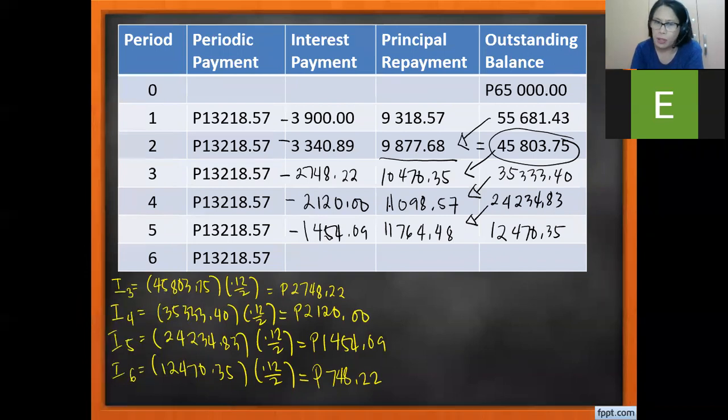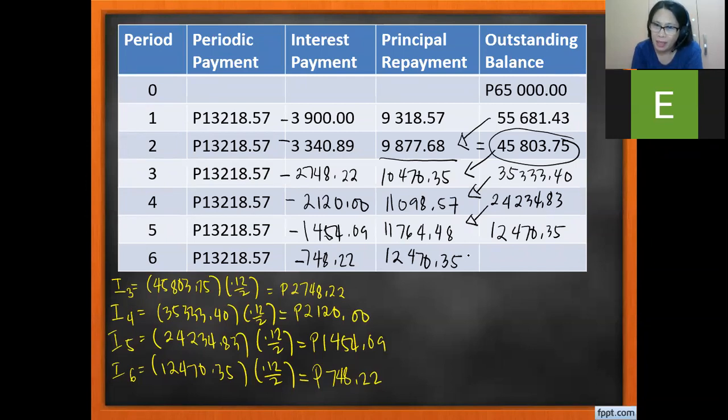So this will be 748.22. Subtract from 13,218.57. So this is 13,218.57 minus answer. So you have 12,470.35 as your payment to principal on the last period.